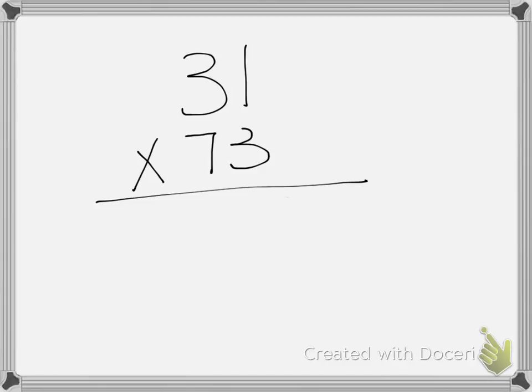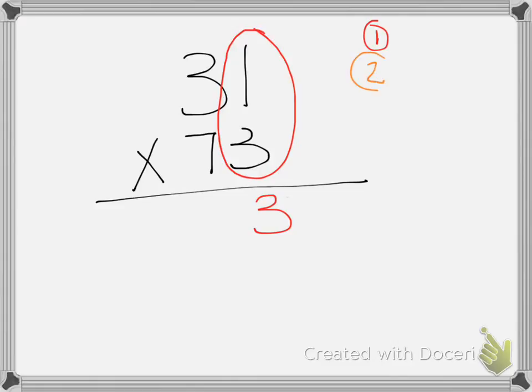Step 1, which I'm doing in red, is my 1s times my 3. 1 times 3 is 3. Then step 2, which I'm doing in orange, is my 3 times my 10s. 3 times 3 is 9.